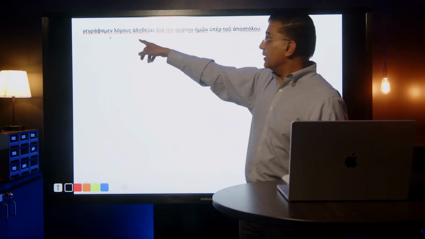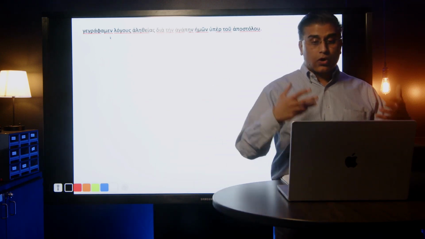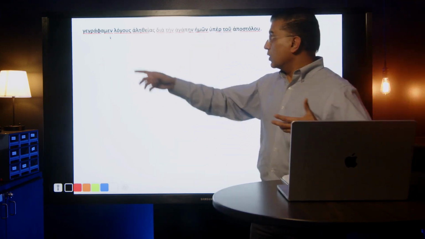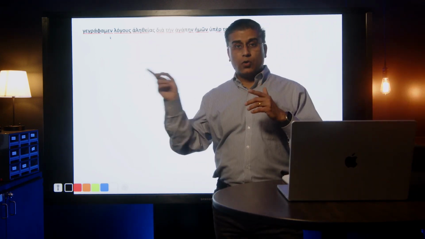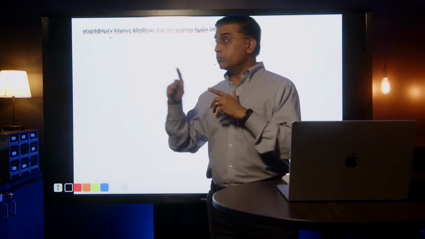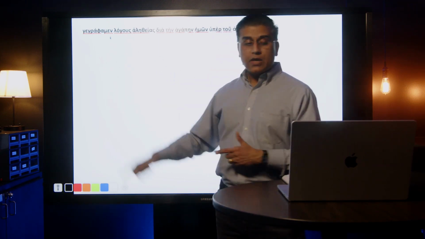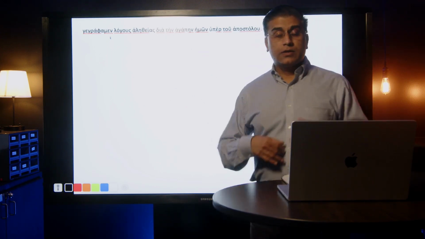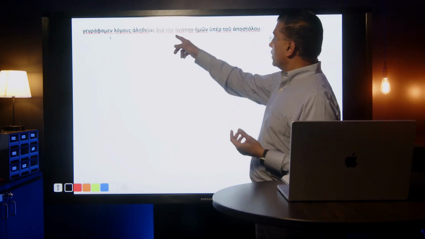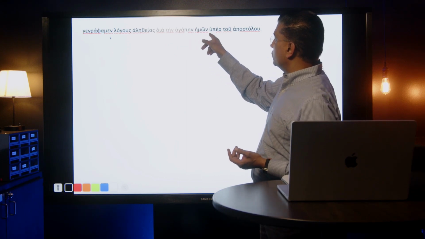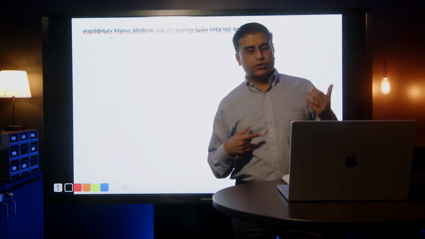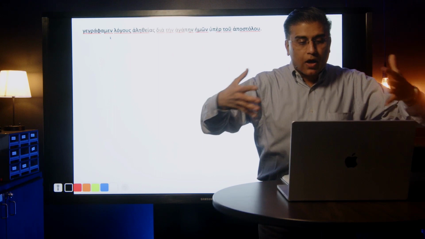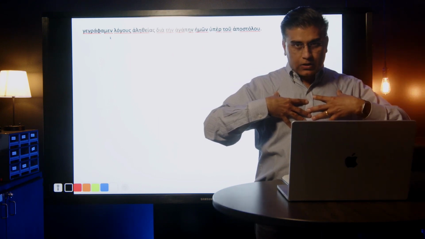Logous alētheias, the words of truth. Logous, os oi eoi on us, so it's a plural, accusative. We have written words of truth. Dia is "because." Tēn agapēn hēmōn, which is "because of our love."